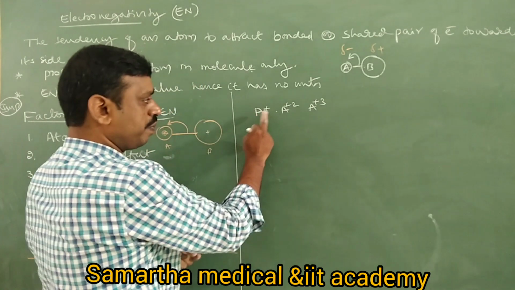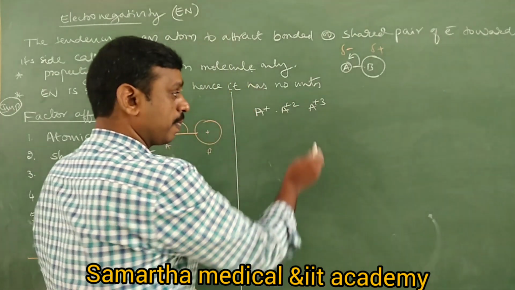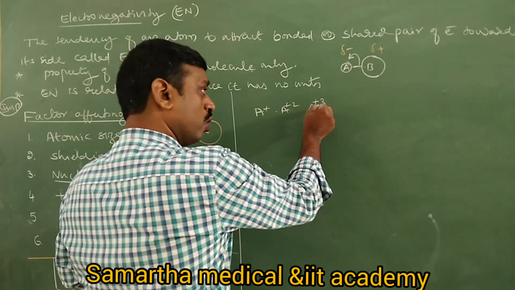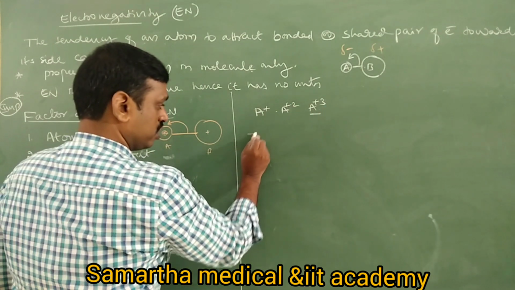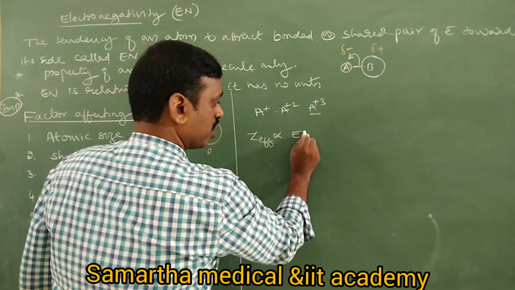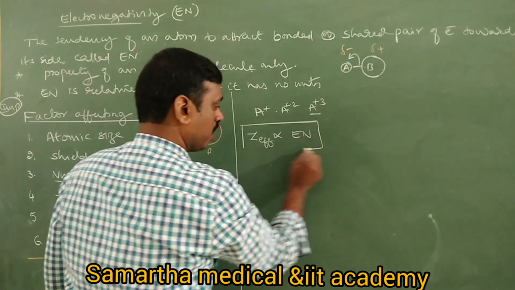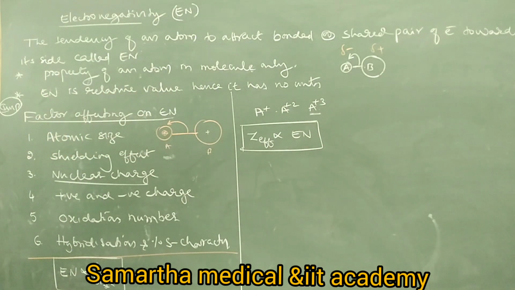Among A+2 and A+3, which ion can attract electrons so easily? A+3. More effective nuclear charge, more electronegativity. Therefore electronegativity is directly proportional to Z effective, the effective nuclear charge.